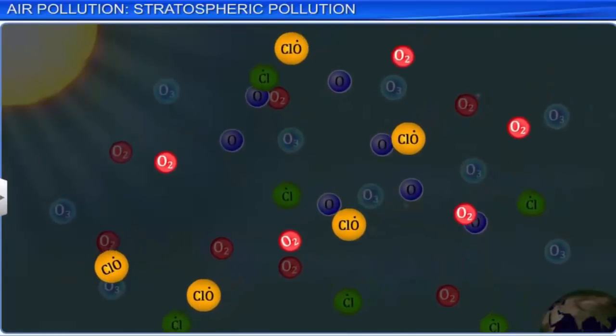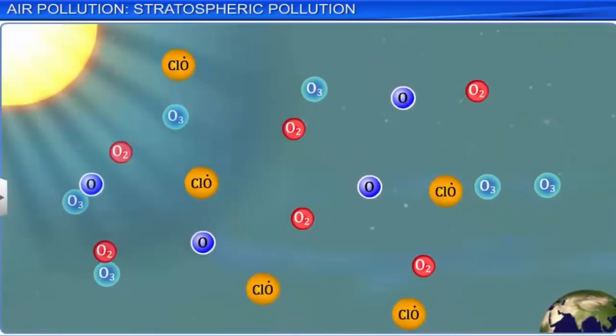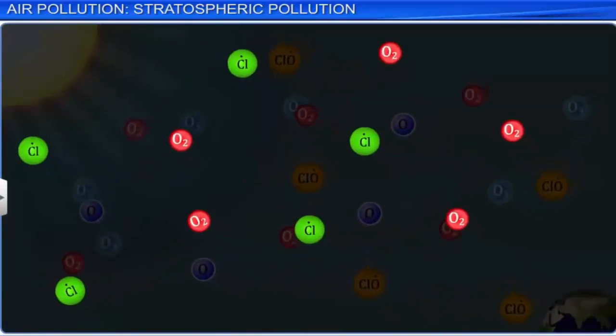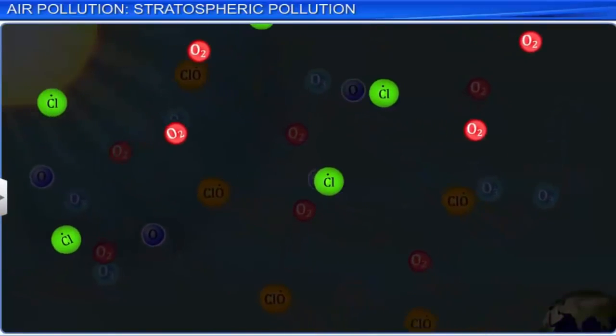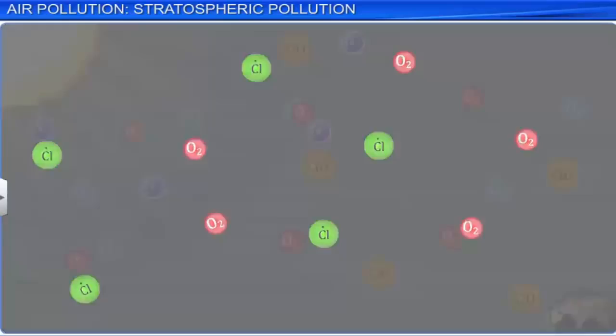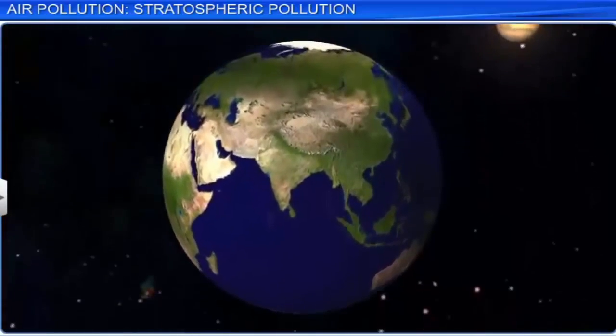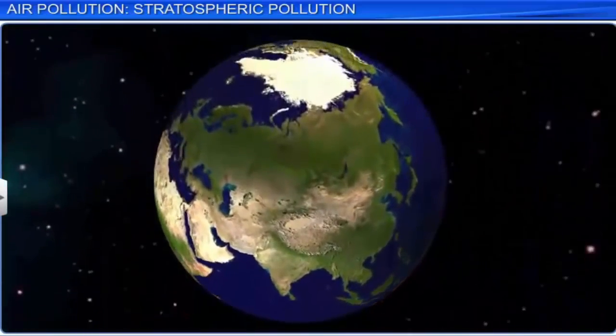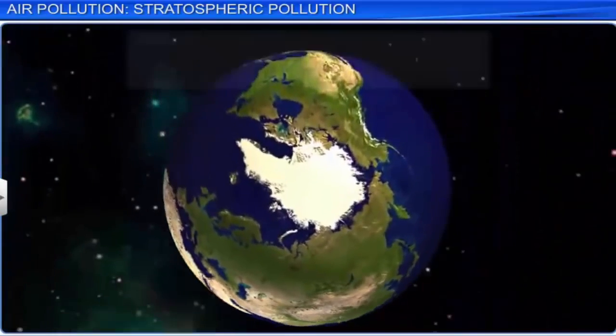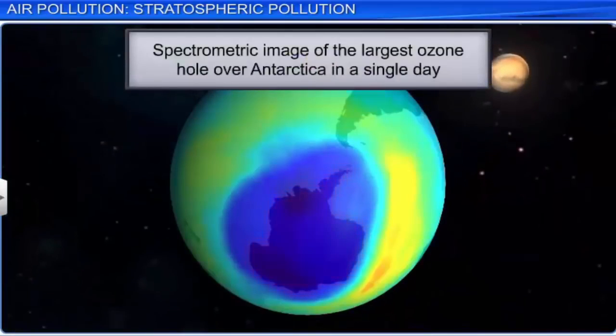However, it reacts with another oxygen atom, regenerating the free chlorine radical. As the rate of the chain reaction taking place is very high, ozone has depleted completely from a large area over the southern hemisphere, forming a hole in the ozone layer. This is called the ozone hole.